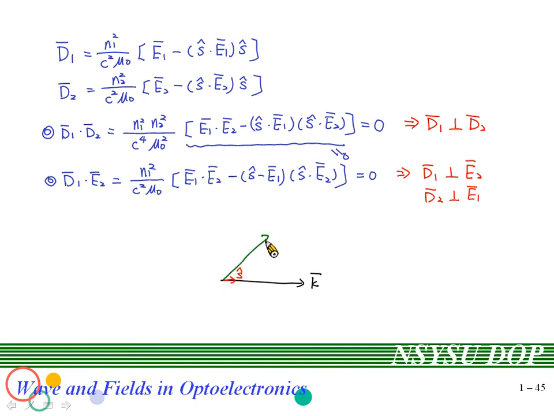The first solution E1. Then in this plane, you will have the corresponding D1 for solution 1. Okay? Then by this condition, you know that D2 is normal to D1 and D2 is normal to E1.